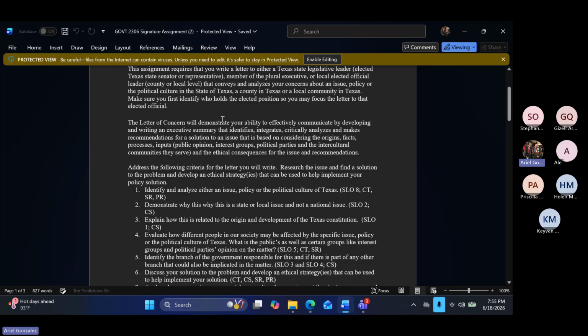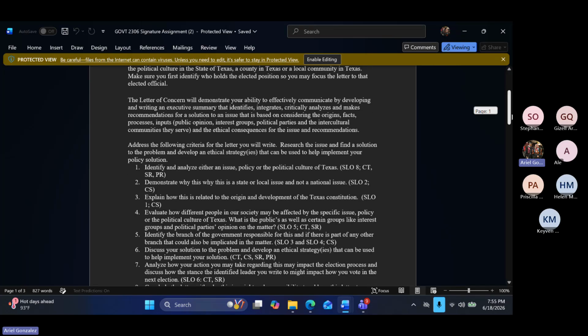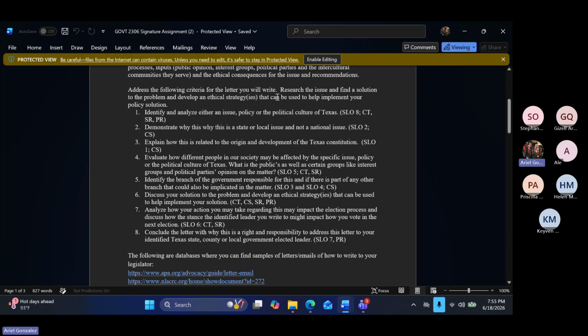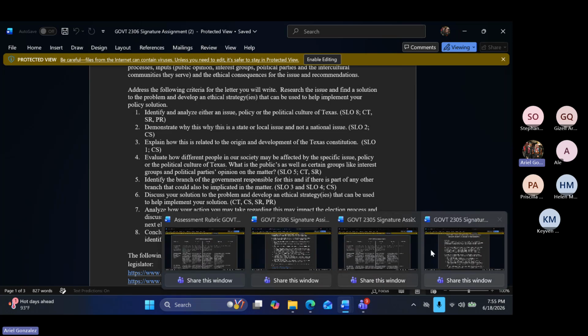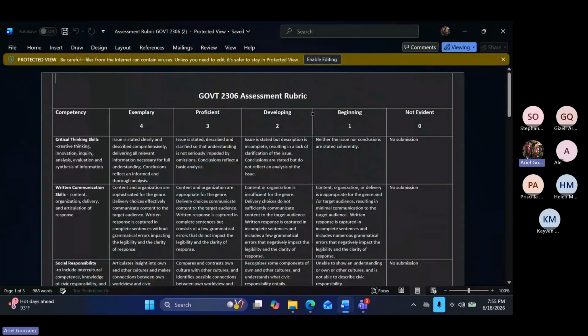Okay, so this is probably the most important thing that we need to go over really quickly, which is questions 1 through 8 and also the rubric here. What I would recommend for you all to do, when you are working on this, is to definitely have this document, as well as the rubric, handy with you.